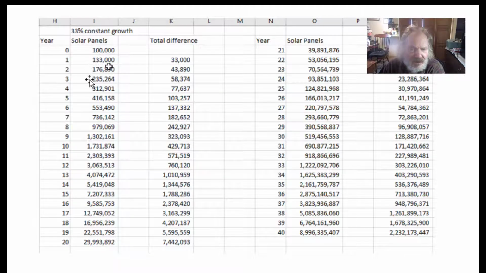Now it would be reasonable to assume it can grow linearly up to a certain point. But look out here to where it's 38, 39 years. Well, this is getting to be a little ridiculous, right? Between year 38 and 39, you would have to increase the number of solar panels by, in this case, 1,678,000,000.